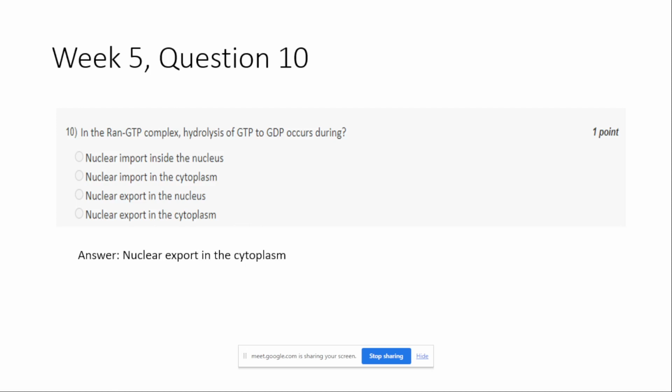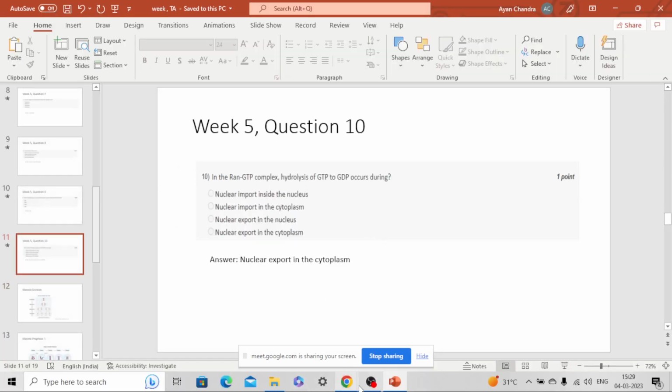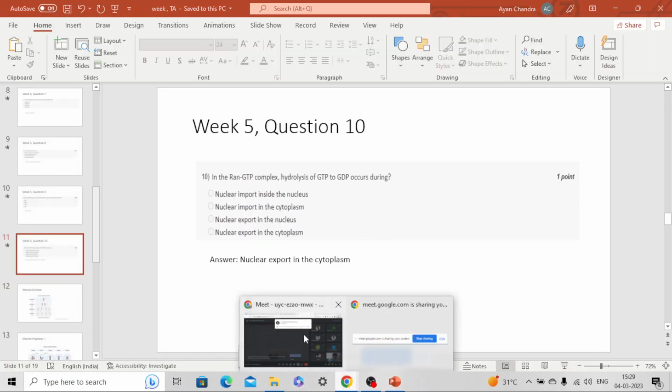Sir, PI4K, I'm not sure. Maybe, but one of the common examples is PCNA, right? Yes, sir. PCNA is also known to be sumoylated.